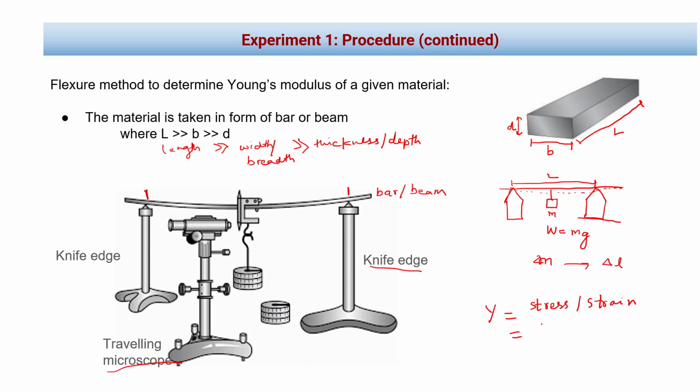We also know that stress is force per unit area, and strain, for Young's modulus, is the change in length to the original length. This is how it is defined. But for this particular shape of material, I'll just give you the direct formula, we don't need to derive it or anything.